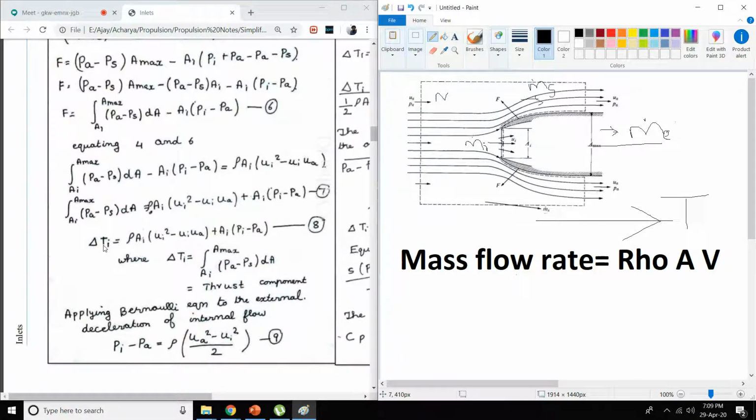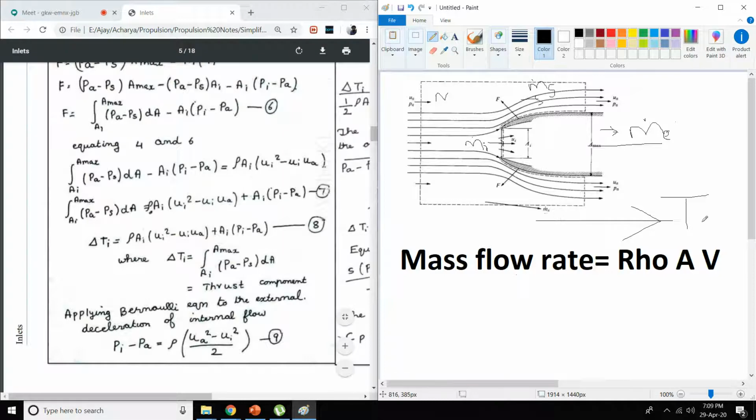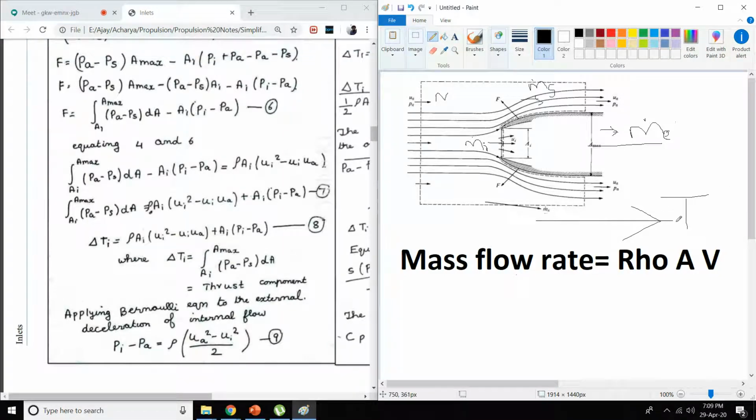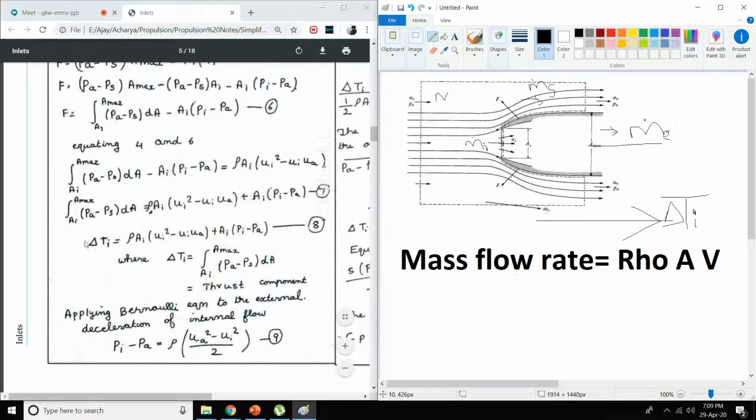So since it's a 2D component, you'll just take it as the change in thrust at these 2 components in the direction I. So therefore you'll equate it to delta Ti, where this is the thrust component in your 2D direction I. Okay.